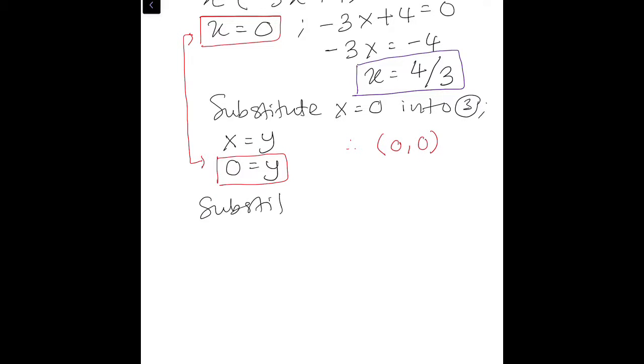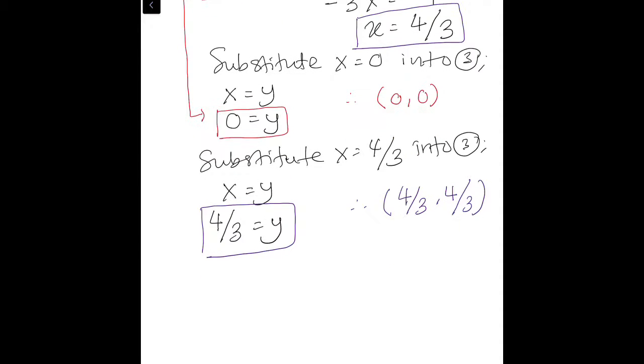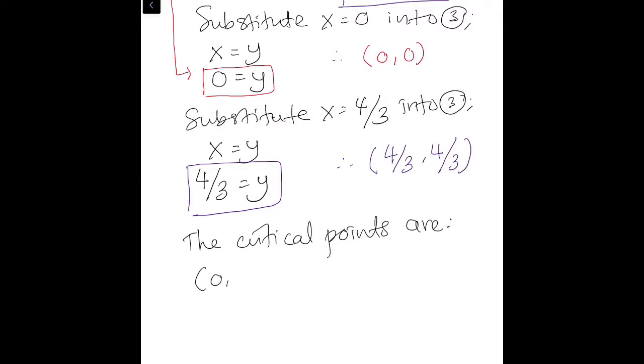Do the same for x equal to 4 over 3. Substitute x equal to 4 over 3 into equation 3. We have x equal to y, so y equal to 4 over 3. Then match both values, we have (4 over 3, 4 over 3). So we have two critical points, (0, 0) and (4/3, 4/3).